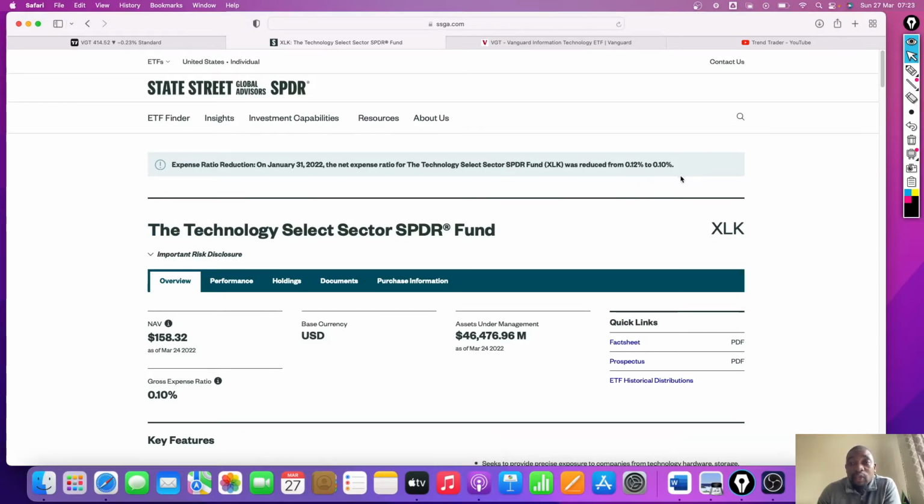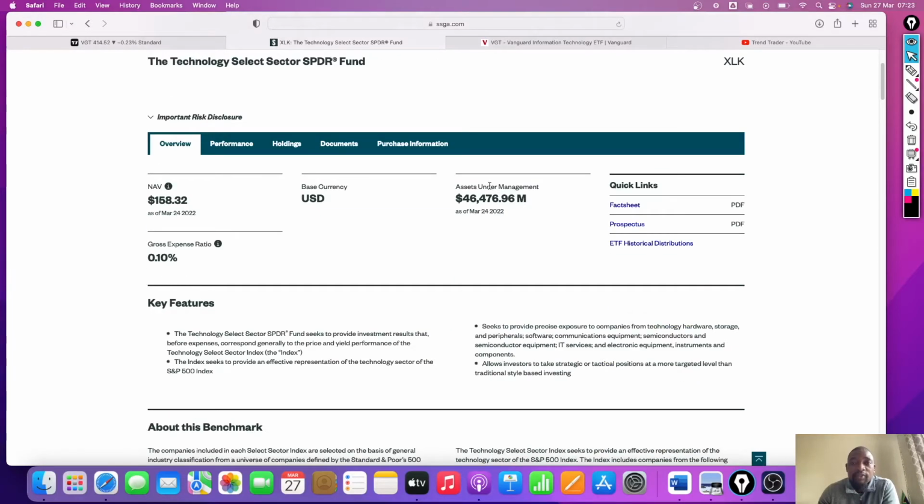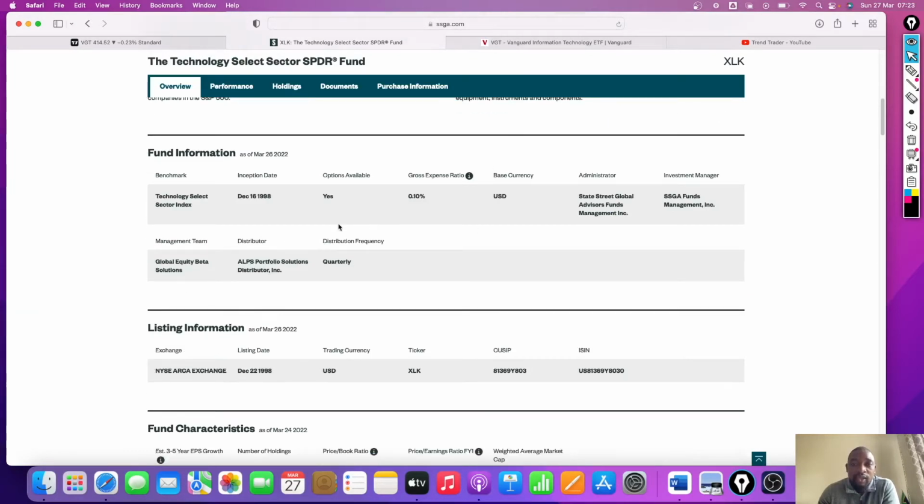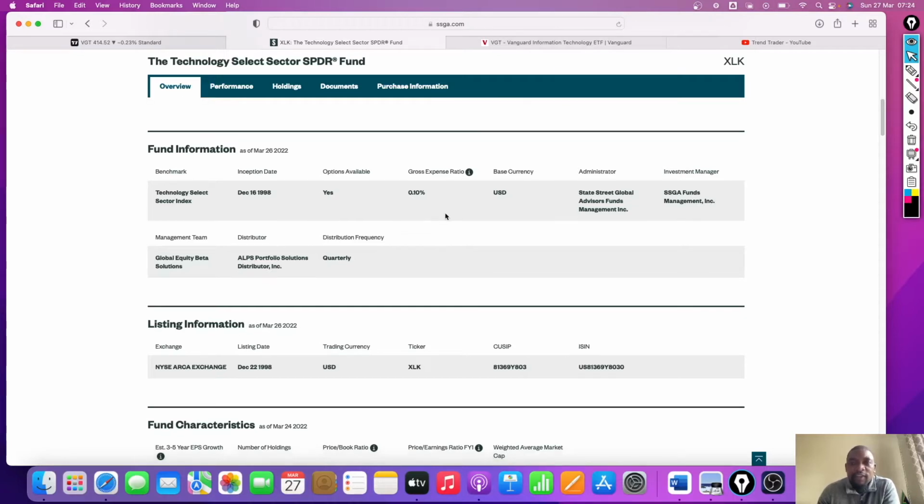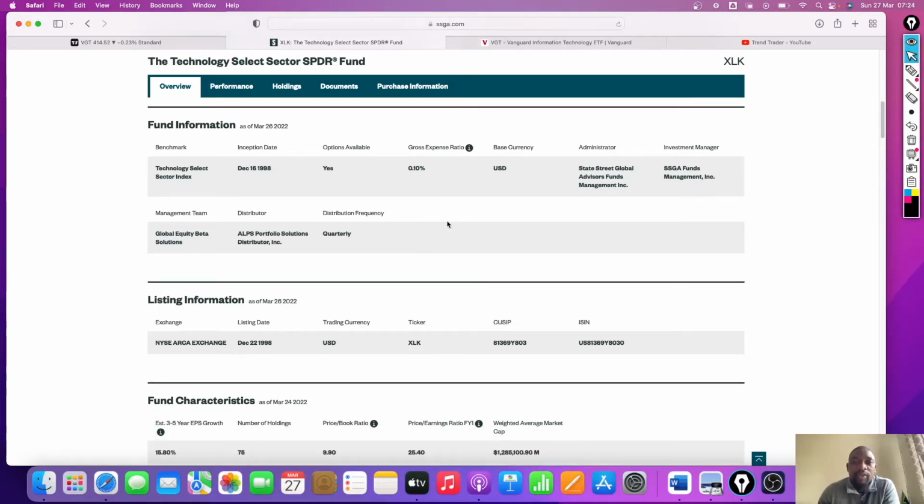In the last year, 2021, I had a position in VGT because VGT has a total expense ratio of 0.1. So in terms of total expense ratio, this was a bit expensive. So they've reduced the expense ratio back to 0.1. Now we need to compare these two ETFs based on other factors, not just on total expense ratio alone.